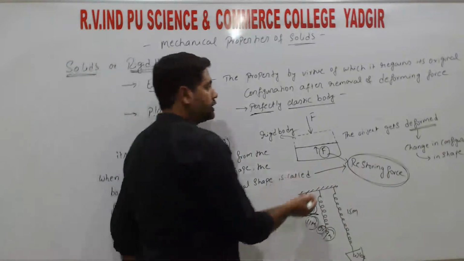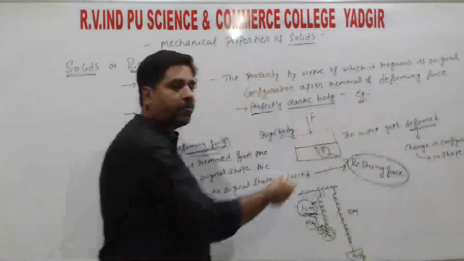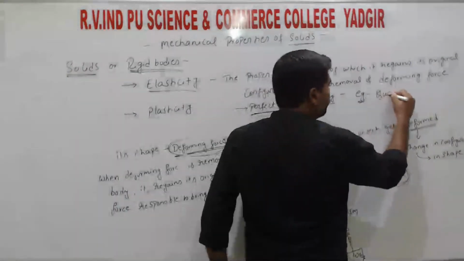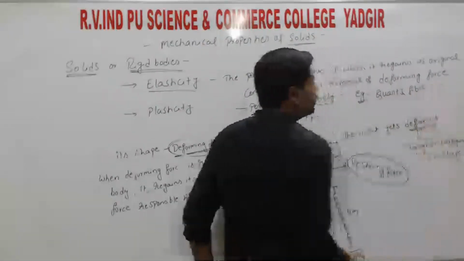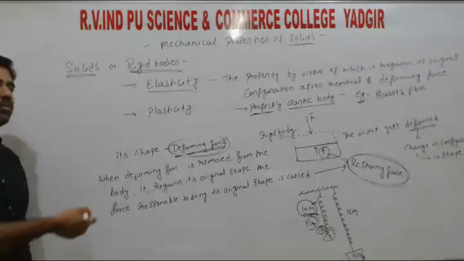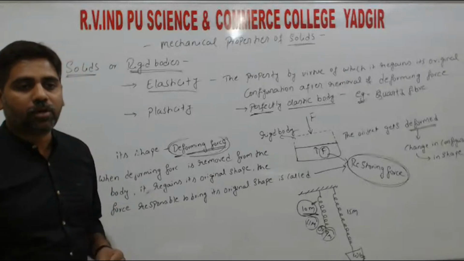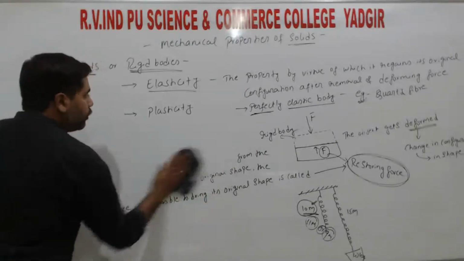So the best example for perfectly elastic bodies, since the values are nearly approximate, is quartz fiber. So quartz fiber is perfectly elastic. It is nearly so, but we can consider it perfectly elastic, right. So next is plasticity.